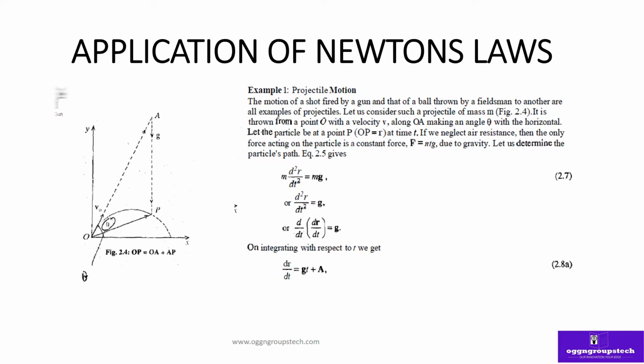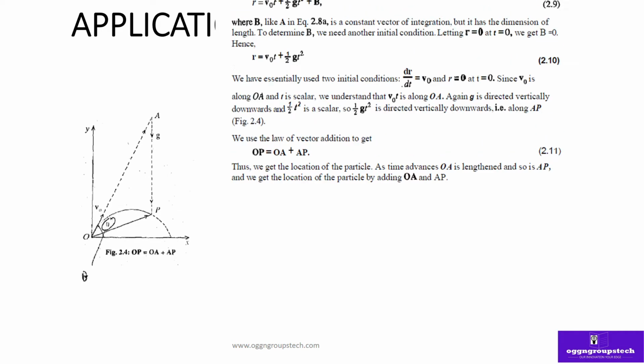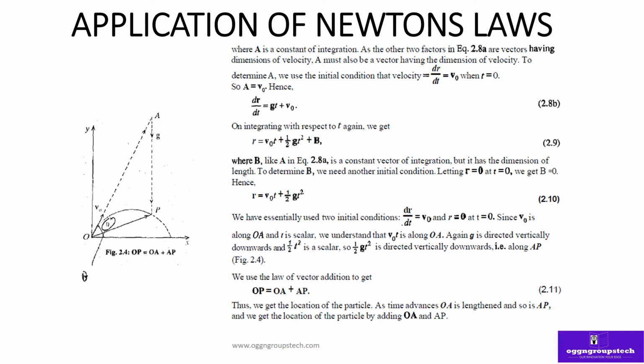We derived an expression and proved that dr by dt is equal to gt plus v naught. Then we derived an expression similar to our kinematical expression v equals u plus at. Again this is a similar kinematical equation, s equals ut plus half at squared.